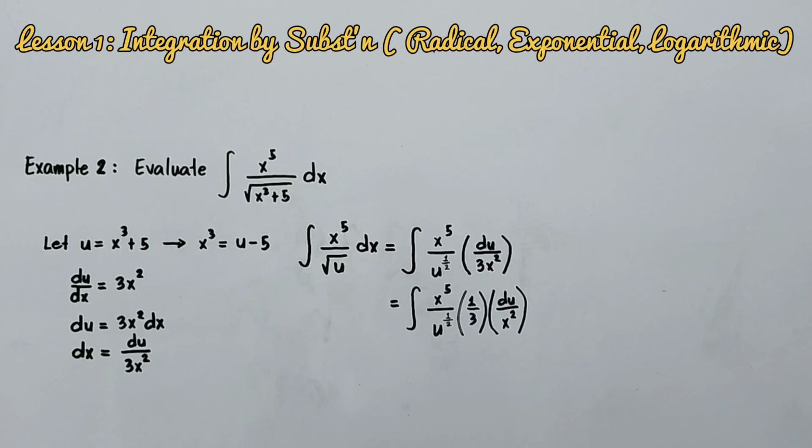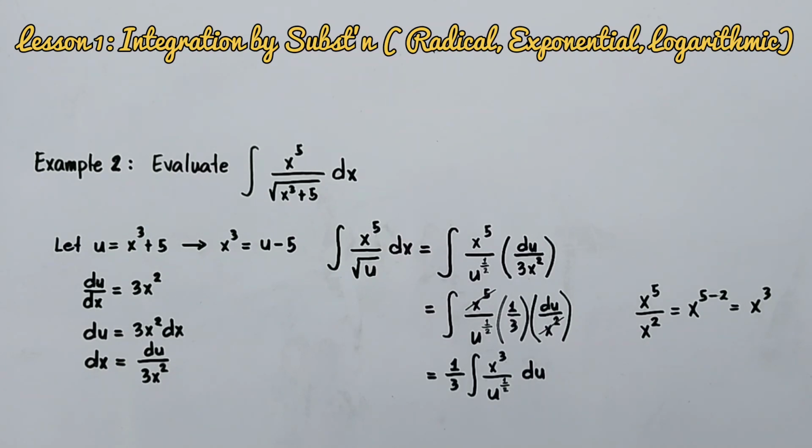Our new expression becomes the integral of x power 5 over square root of u dx. And this is equal to the integral of x power 5 over u power 1/2, and the dx is du over 3x squared. We can take 1/3 as a constant, and for our x power 5 and x squared, we can cancel the x squared, and the x power 5 becomes x cubed.